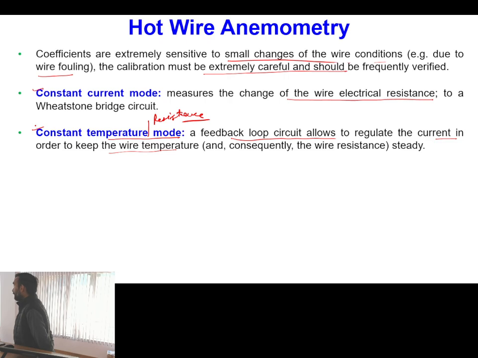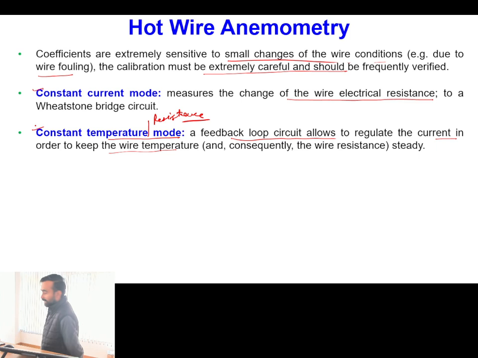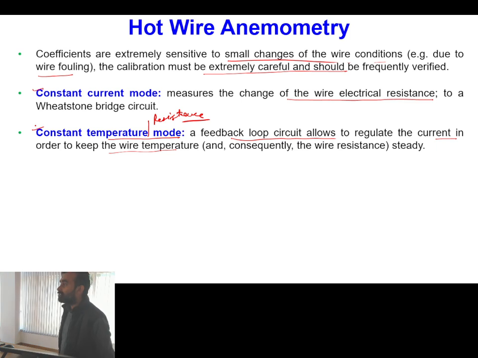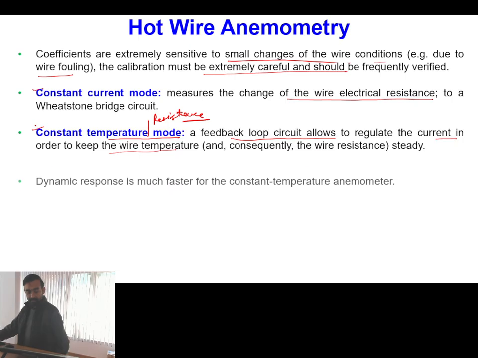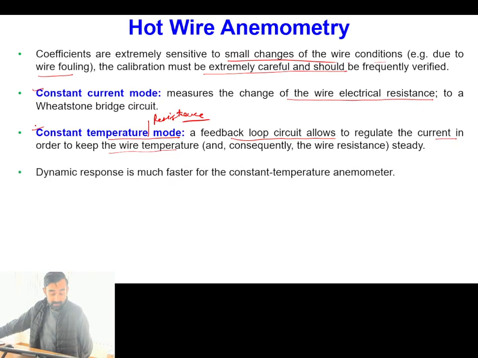We know that thermal inertia is always more in comparison to the inertia of electronic circuits, because changes in an electronic circuit are very quick in comparison to the thermal inertia of a system. So the dynamic response of the constant temperature mode will be better in comparison to the dynamic response of the constant current mode.